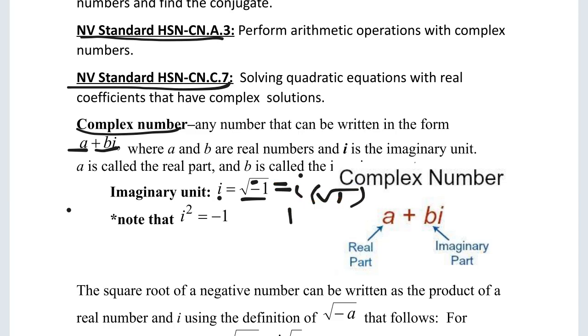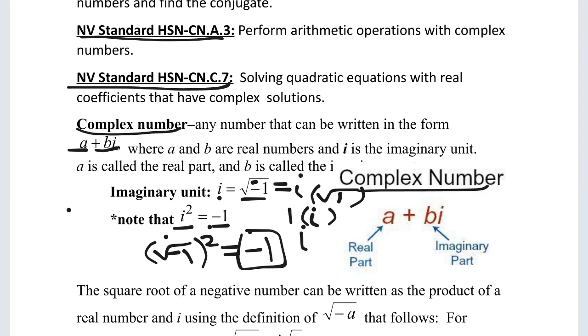Root 1 is 1, so 1 times i is where i comes from. And then we have i squared is negative 1. Either remember that fact or realize the reason behind it: i is the square root of negative 1, squared, and then it's equal to negative 1. Squaring a square root would cancel it, giving us negative 1.